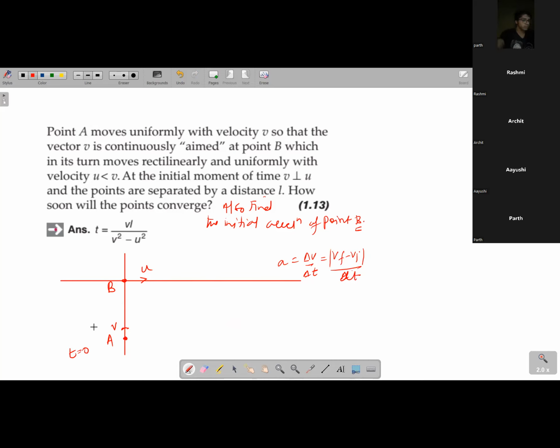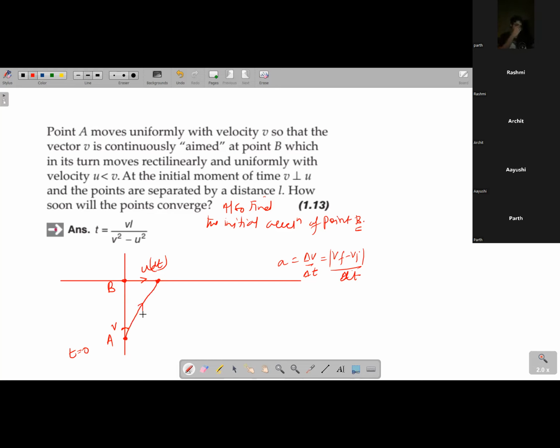Suppose after a very small time dt, B will come some distance. I'm just making the picture bigger to have a clear picture, but we are discussing a very small amount of time dt. So this distance will be u into dt. Because B has come over here, A will aim in this direction.